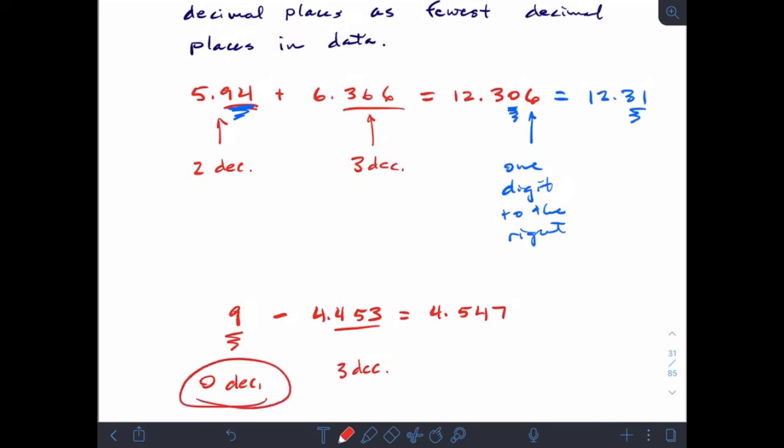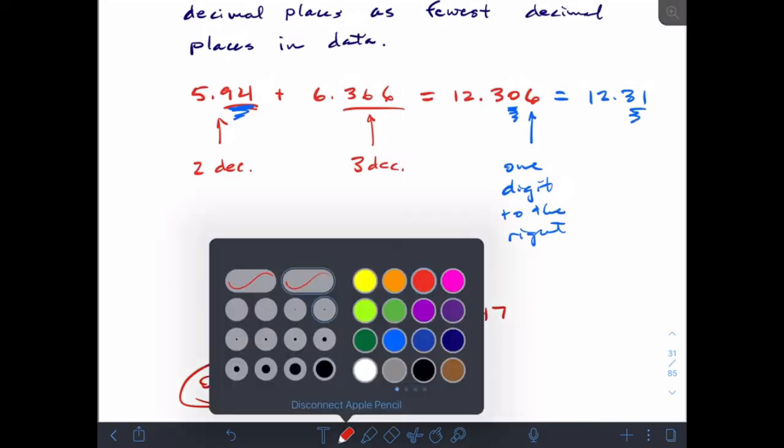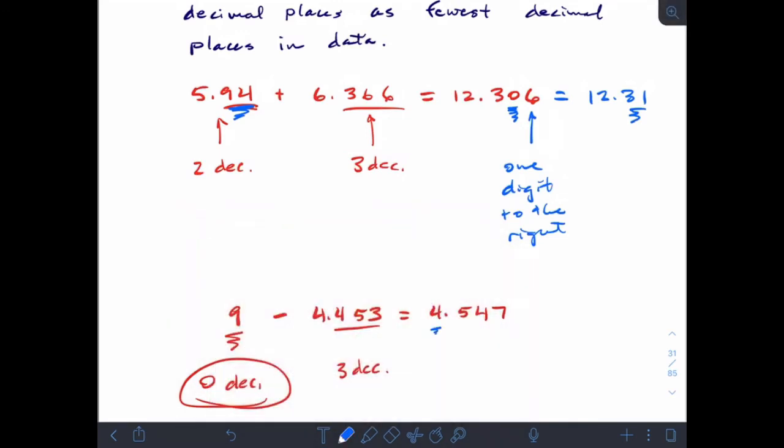9 has no decimal places. So I'm going to stop right there, where I have no decimal places. Okay, so I'm going to use this number here to decide whether I round up or round down.